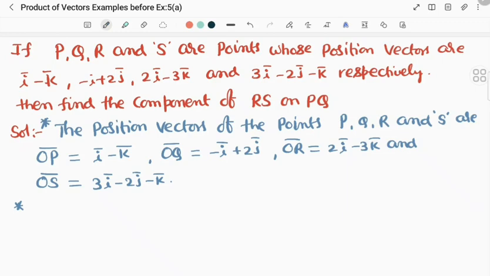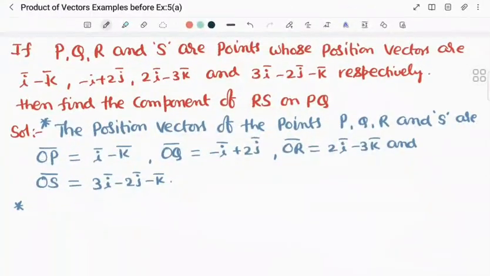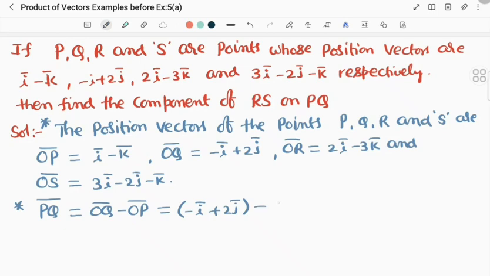Find the component of RS on PQ. So we need to calculate PQ first. PQ means OQ minus OP only, no? So OQ minus OP. OQ vector is minus i plus 2j minus i minus k.